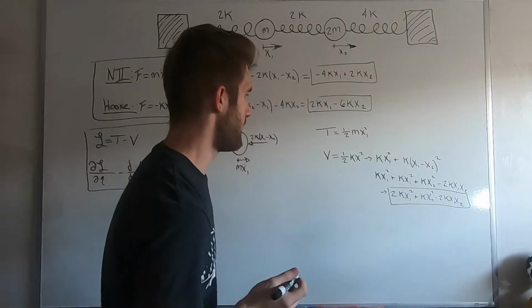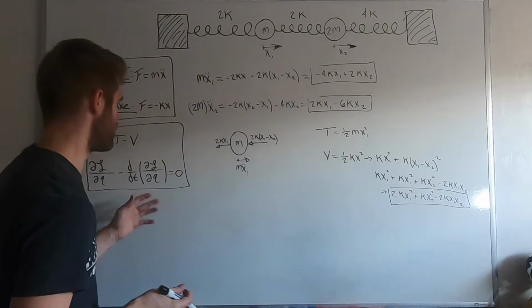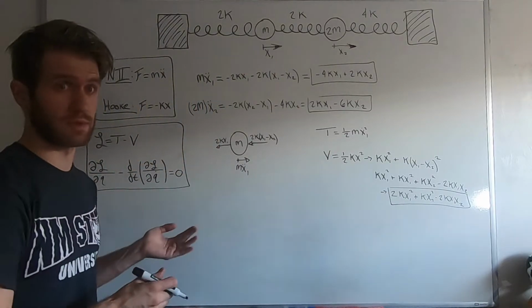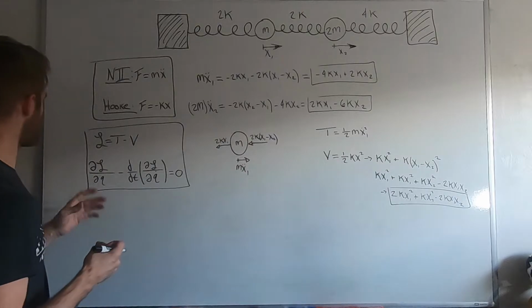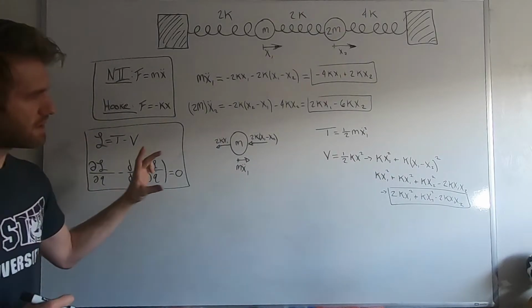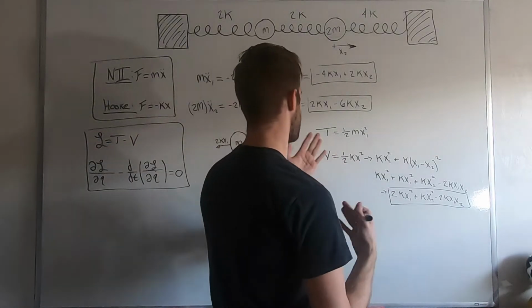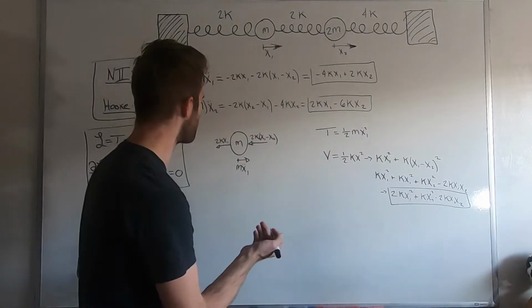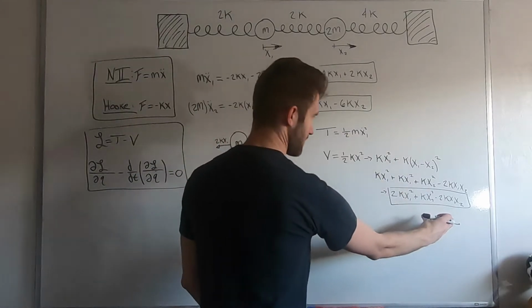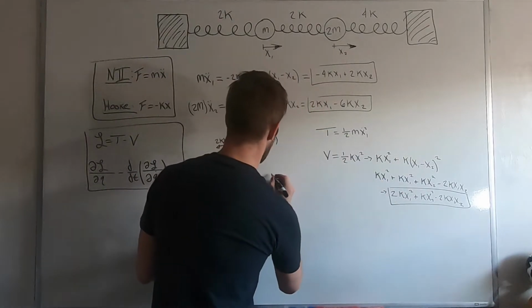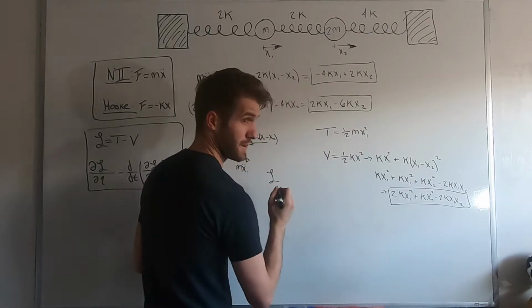All right, now we have everything we need to start using the Euler-Lagrange equation we have here. So let's differentiate our Lagrangian after putting it together, of course. So basically we have to take this, subtract all of this off. So our Lagrangian, I'm getting a little ahead of myself here.